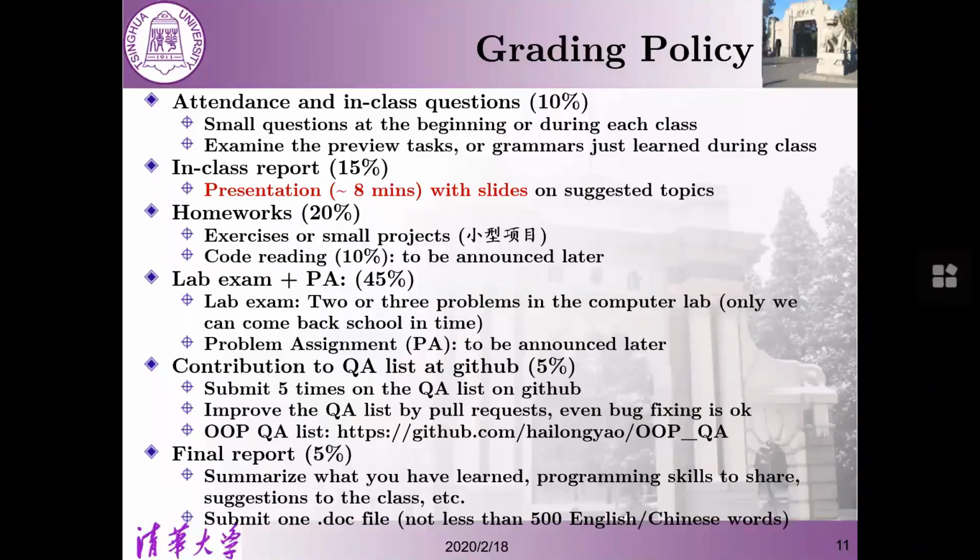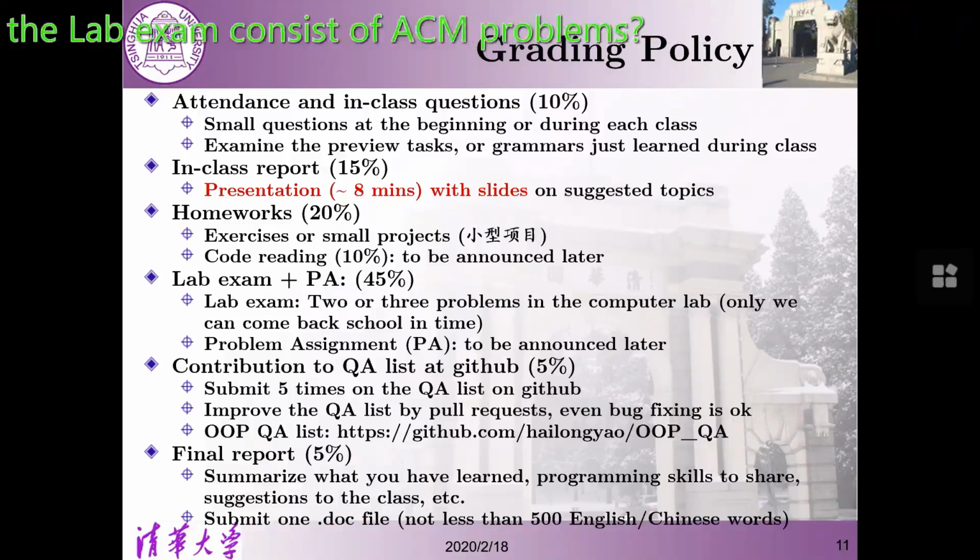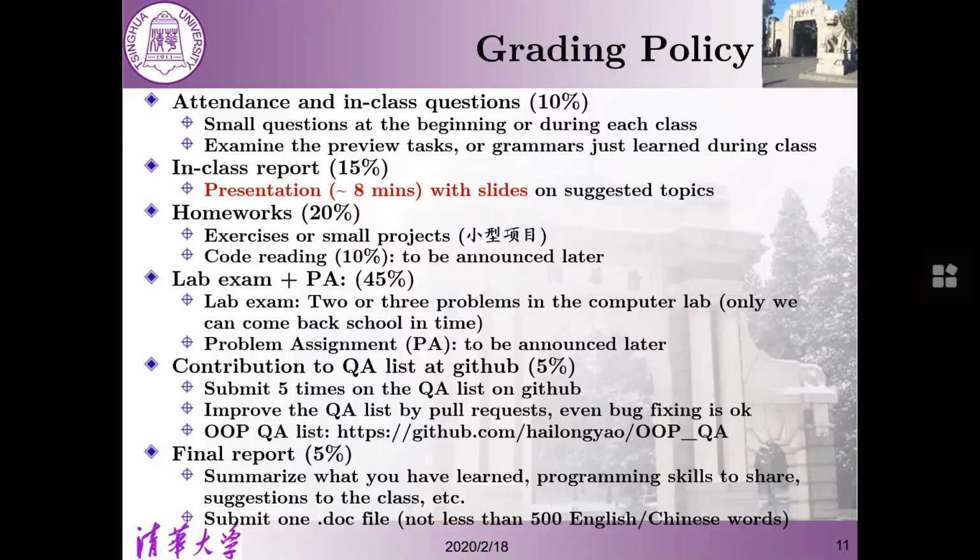And then I just mentioned that we have to practice some QA. And this practice the GitHub. This is the requirement for software engineering class. Sorry, I think there's no ACM problems.